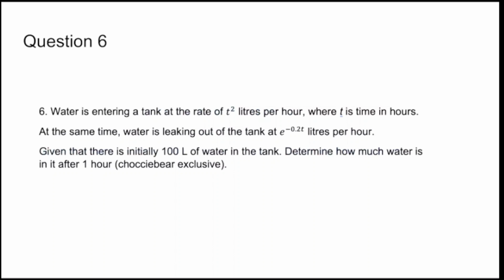Wait, how do you guys keep getting... Okay. dT t squared minus, and then t cube over 3, 1 over 0.2, 5e.